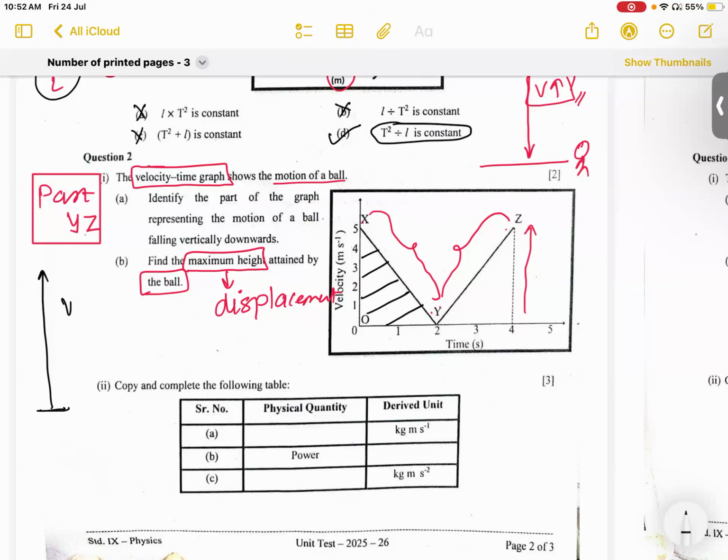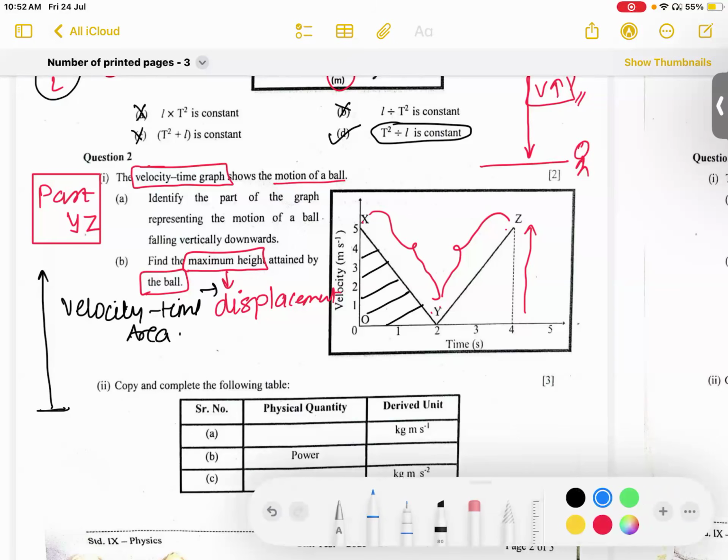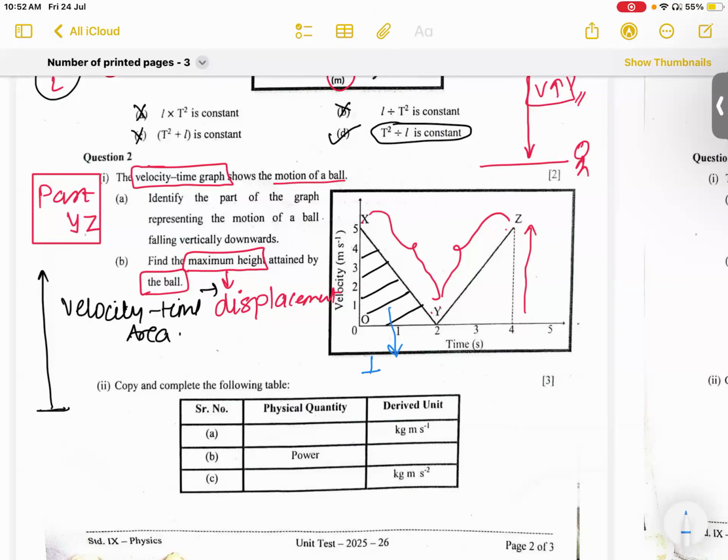And since it is a velocity time graph, students, we know that to calculate displacement from a velocity time graph, we calculate the area of the graph. Can we calculate the area of the shaded region which we have painted? So this will be half into base into height.